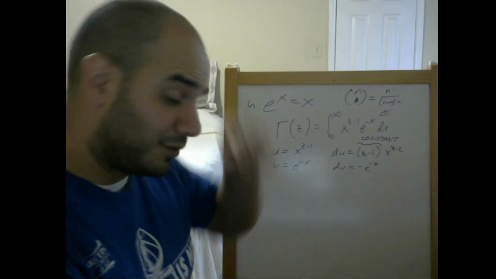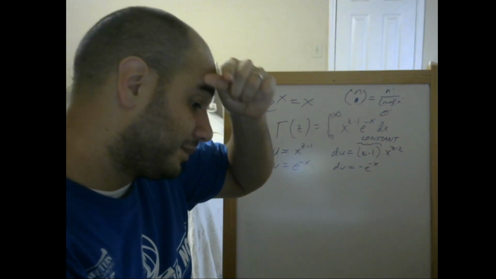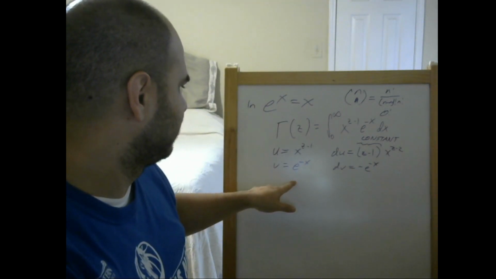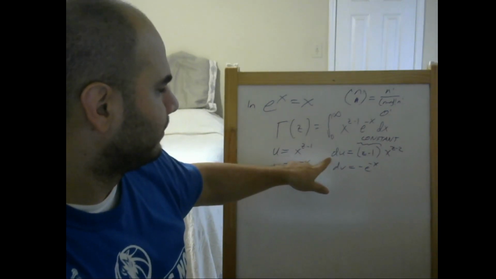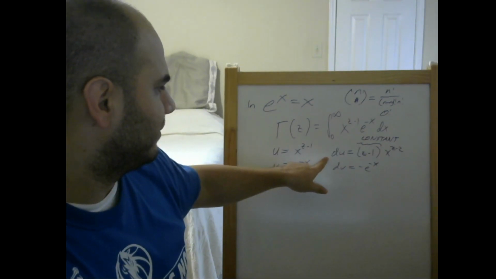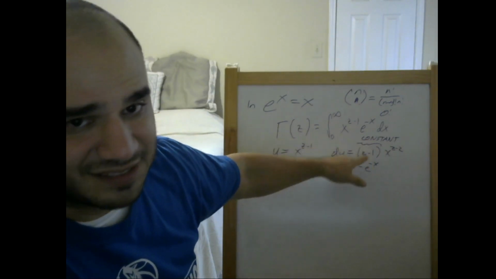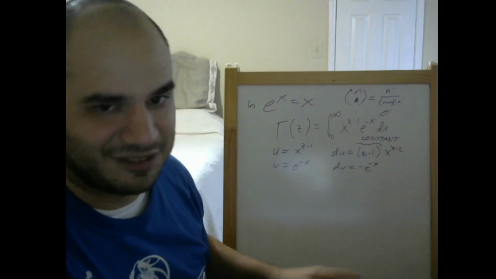Right, so I've highlighted the fact that this is a constant. So z minus 1 is considered to be a constant in this.